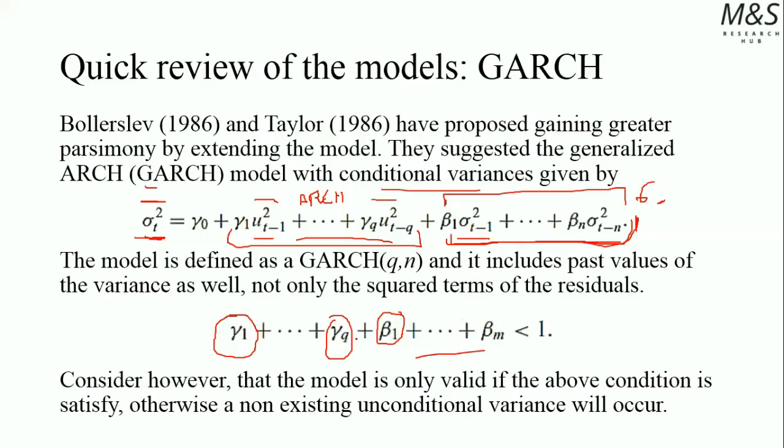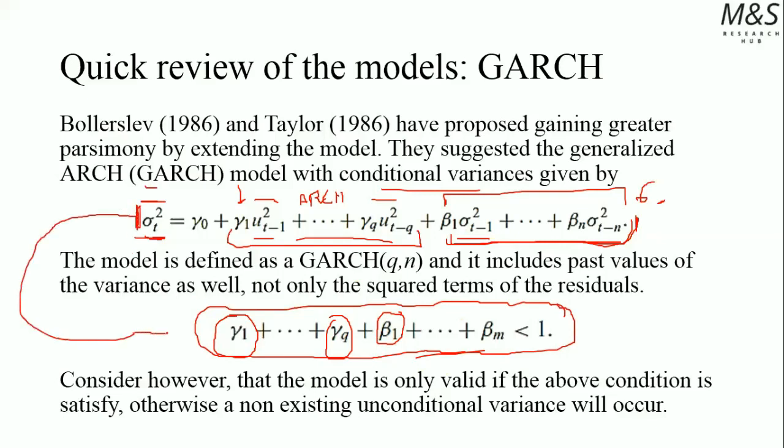And the sum of these estimators should be less than 1. Because if the sum is not less than 1, it means that the variance of the model, which is what we're trying to explain, becomes explosive if it's bigger than 1, for example. That means the variance is not converging to a steady point. So the variance is becoming explosive.